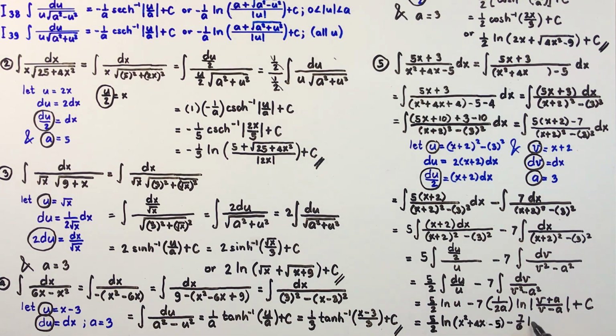And this is multiplied by the natural log of v. But our v is x plus 2. So x plus 2 plus a, that is x plus 5. And this is divided by x minus 1, because our v is x plus 2 and x plus 2 minus 3 is x minus 1. So this is our answer for this problem number 5.